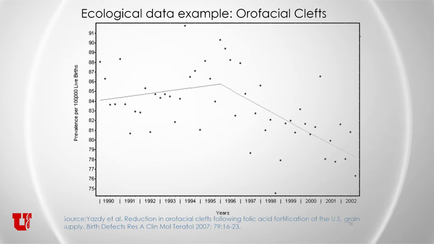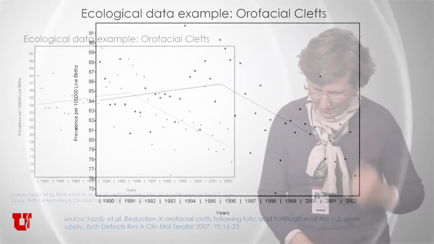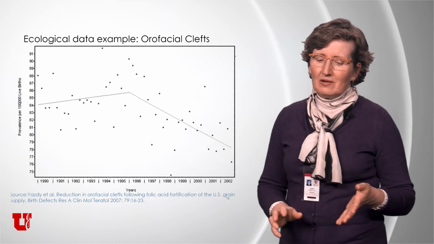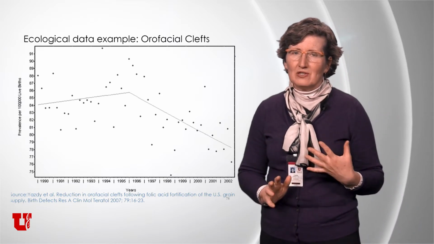And this is a study that's showing that. So pretty messy data, right? The prevalence of these orofacial clefts apparently has a lot of random variation in it, but the slope of the correlation is somewhat convincing.